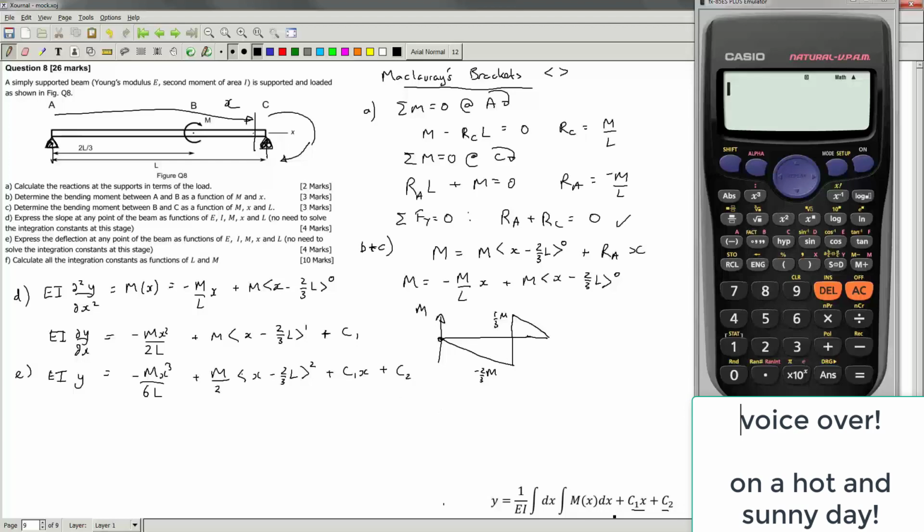And when we integrate that equation, we're going to have another constant, and we'll call that C2. So now everything's fine, and we've done A, B, C, D, E, all using Macaulay's brackets. And we're almost about 10 minutes into the question.